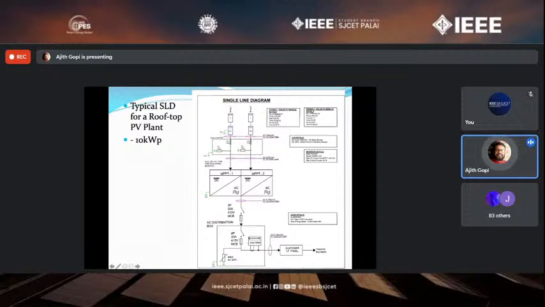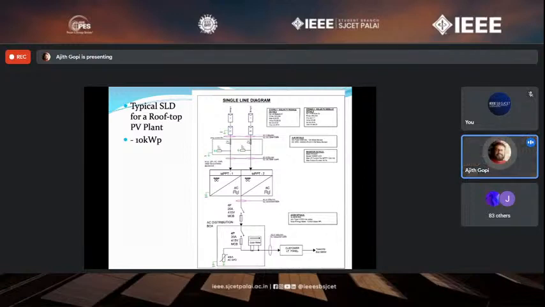And then based upon your current rating, all these systems will be designed. I'm not going into the switchgear and protection rating. I will just give you a thumb rule of that. When you go for a design of your breakers, generally the thumb rule is you design it for 1.4 times your short circuit current, the total current on that complete string.